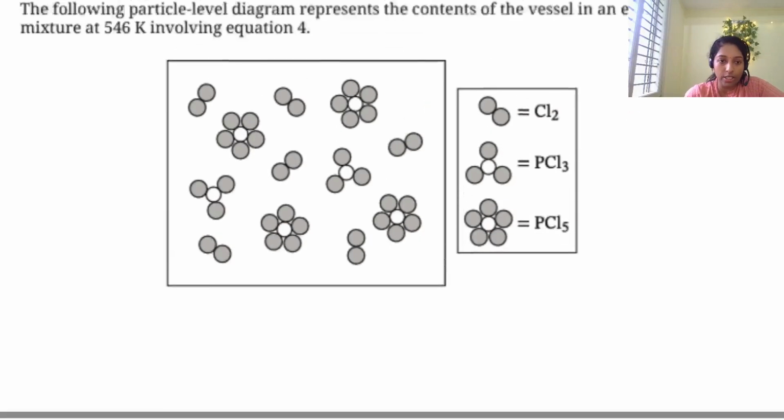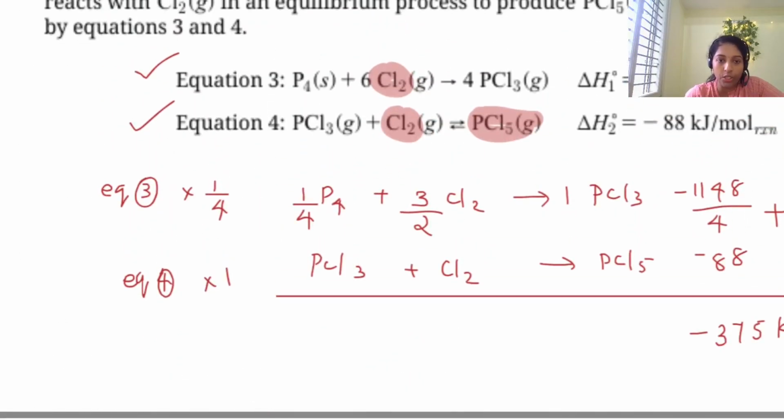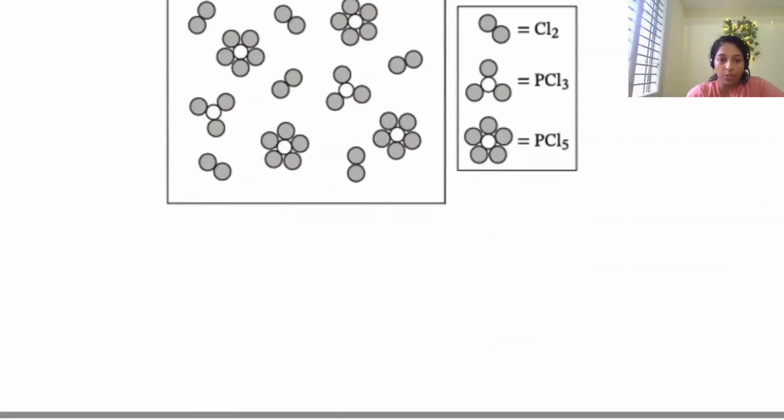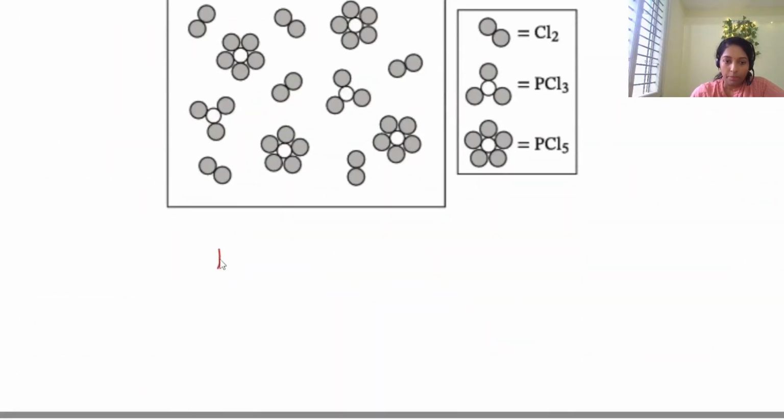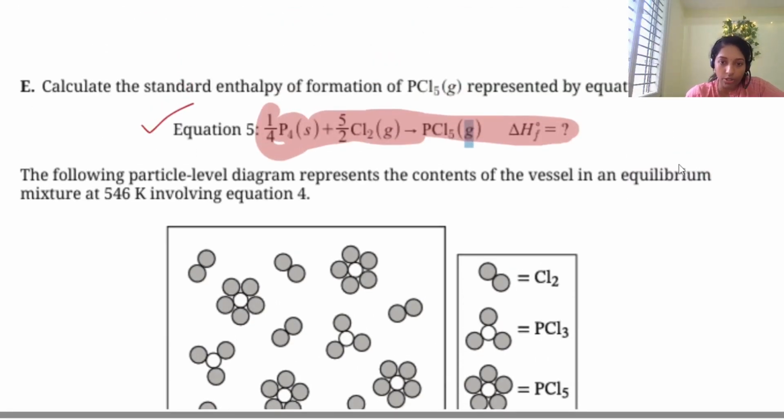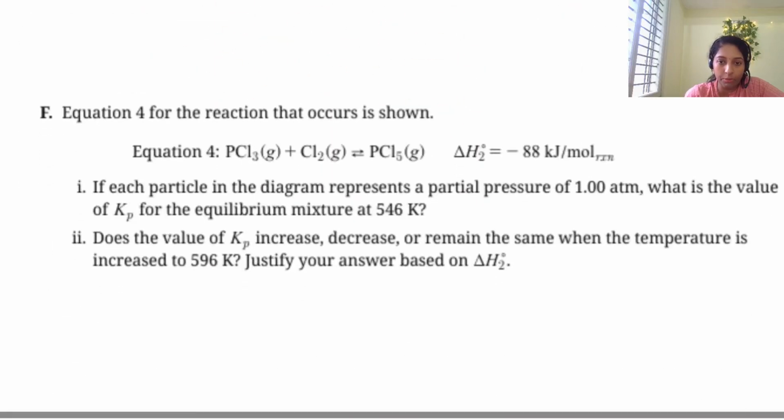So the same equation, equation 4. What is the equation for? PCl3 plus Cl2 gives PCl5 is the reaction. So what is the Kp? Kp may be the question.